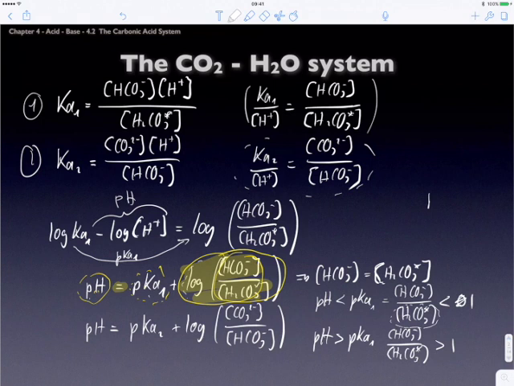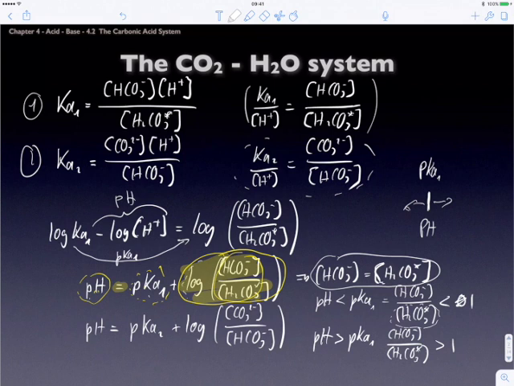So for pKa1, if the pH is exactly equal to your pKa1, you have equal amounts of bicarbonate and carbonic acid. If the pH is higher than the pKa1, you have more bicarbonate. If the pH is smaller than the pKa1, you have more carbonic acid than bicarbonate.